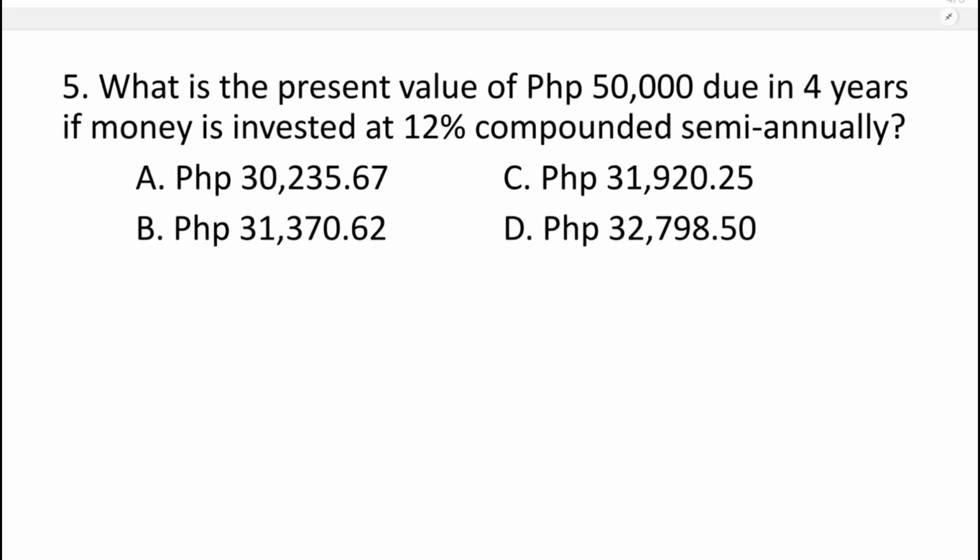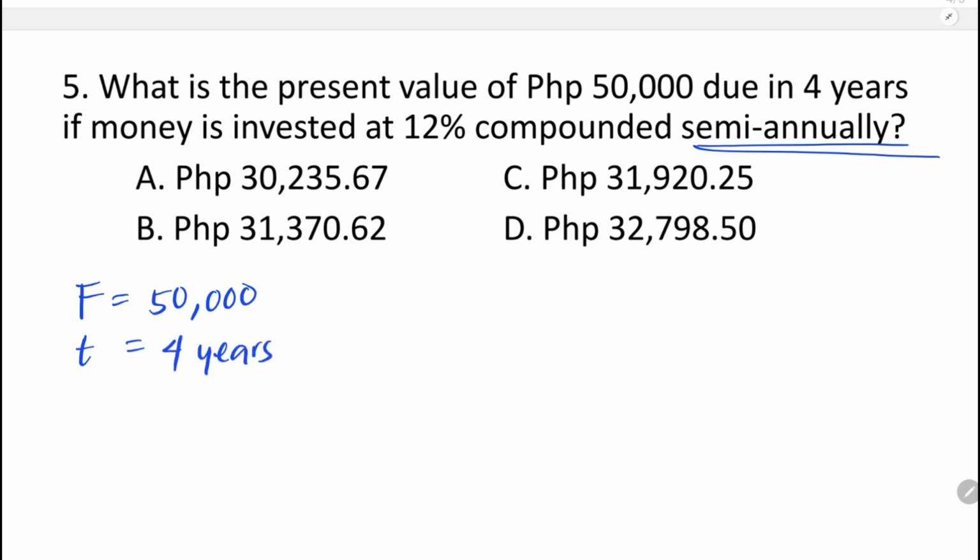What is the present value of 50,000 due in 4 years if money is invested at 12% compounded semi-annually? So our given is F equals 50,000. Ang time natin is 4 years. Then, ang rate is 12% or 0.12.